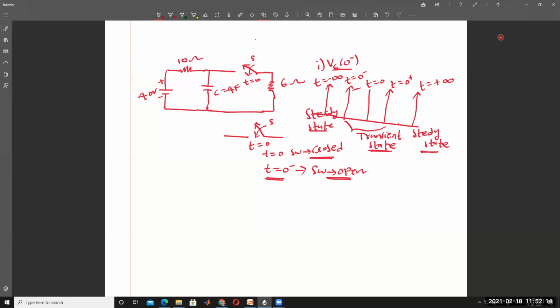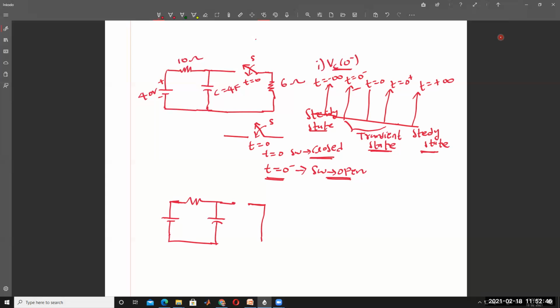So there is the circuit diagram under t = 0 minus and also t = minus infinity. Switch is open, and this is the capacitor. At t = 0 only the switch is closed.